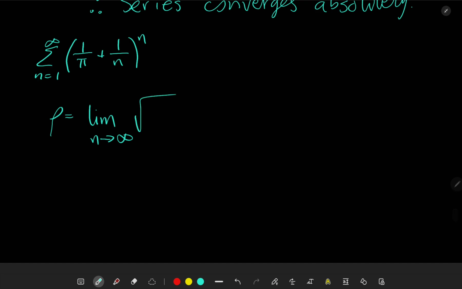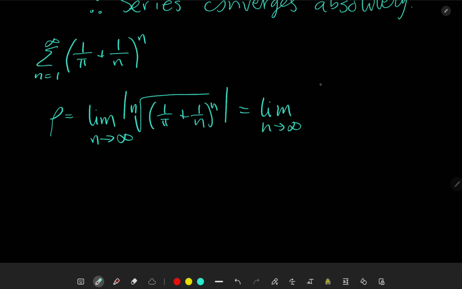So you're going to take the absolute value of the nth root of (1 over pi plus 1 over n) to the n, and the nth root and the nth power cancel, and you get the limit as n goes to infinity of 1 over pi plus 1 over n.